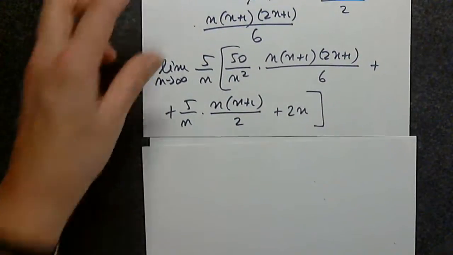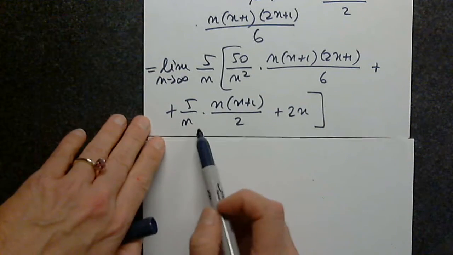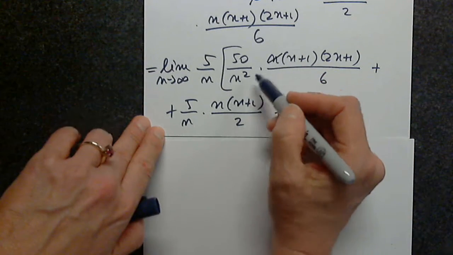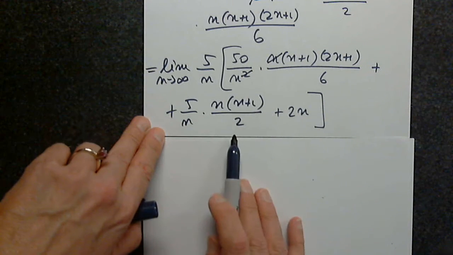Okay. Yes, we can simplify by 2, but I would not bother with anything else but simplifying by n, because the least common denominator is 6n.